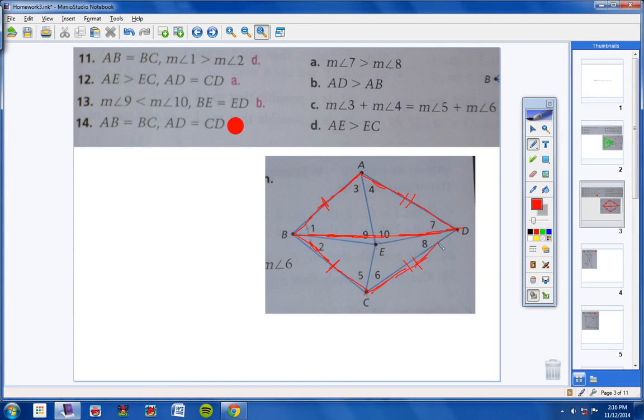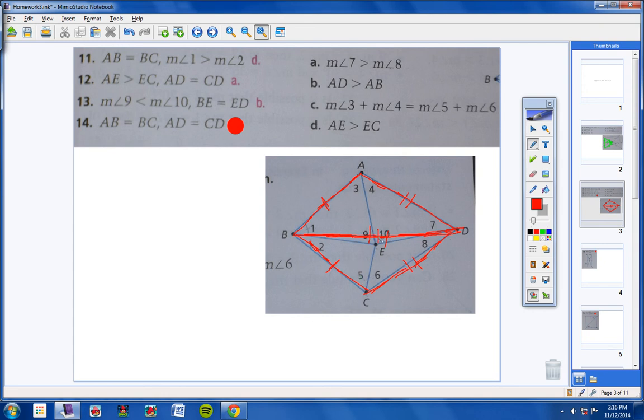Now if I draw a straight line between B and D, I now have two congruent triangles, do I not? Sure I do. I have side, side, well, they're sharing a side. So I have side, side, side of my top triangle congruent to side, side, side of my bottom triangle. So these two triangles are congruent.